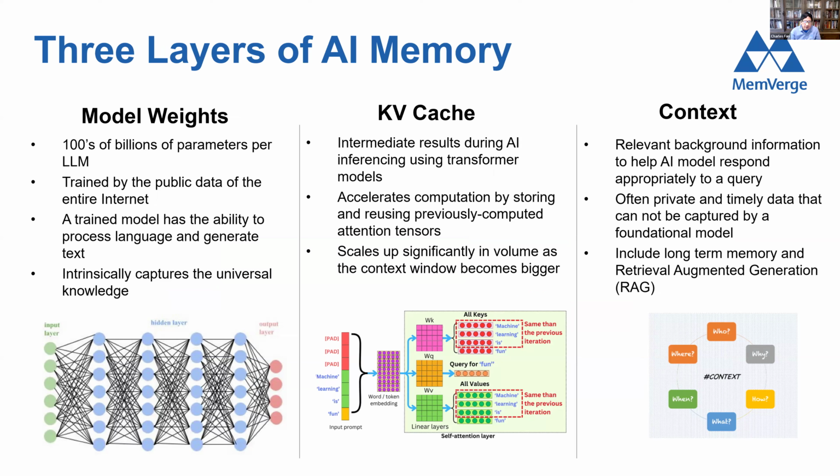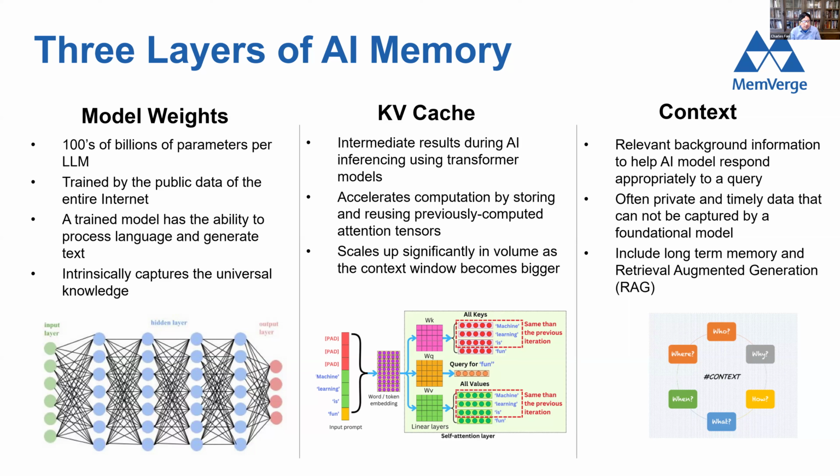And these are the hundreds of billions or even trillions of parameters that are associated with these neural networks. And through the training process, these parameters were tuned so that to capture the knowledge and underlying logic between all of the public knowledge.